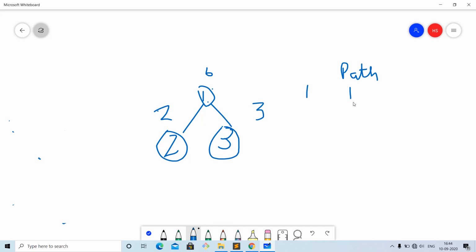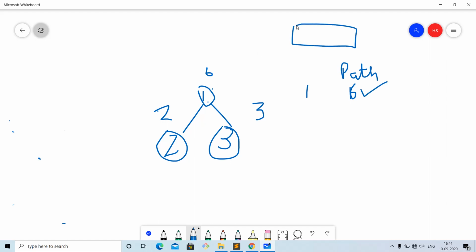There is only one, which is this vertex. And what is the number written on that vertex? It is 6. So the GCD will be 6, or you can also drop one number. If you drop 6, you will get 0, but we want to maximize our answer, so we will take 6 as the answer for vertex 1.